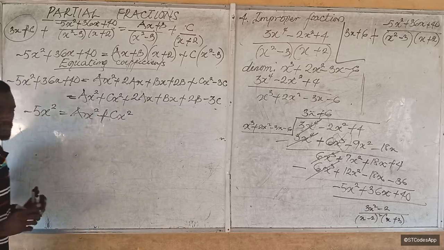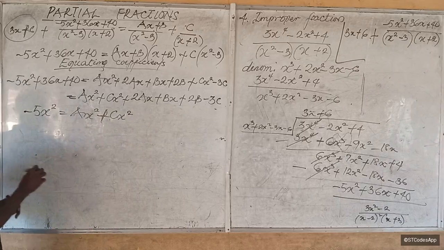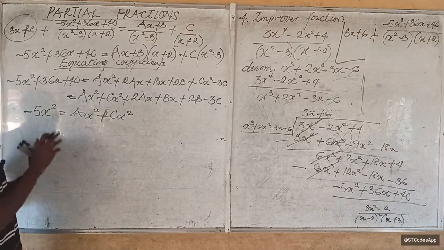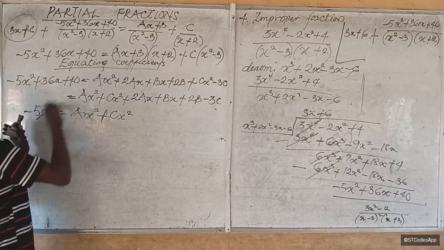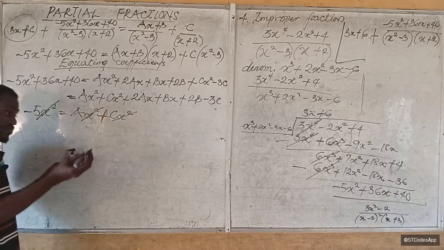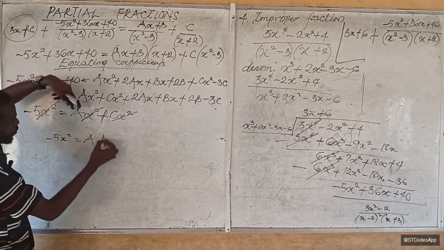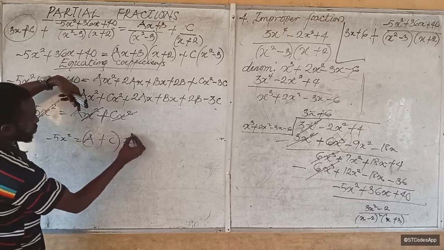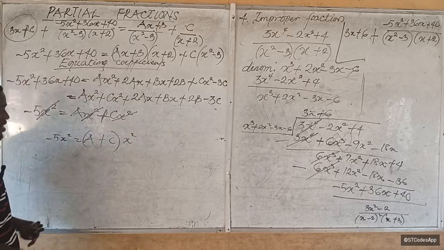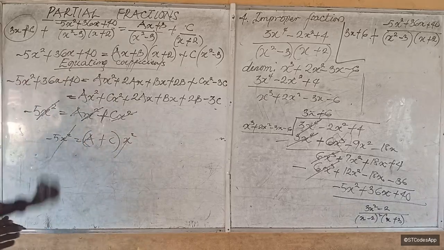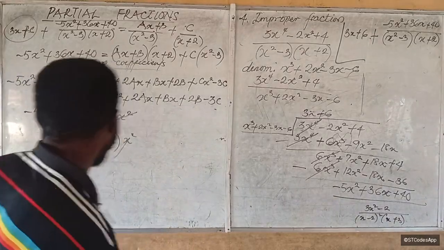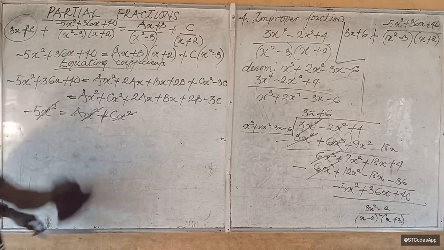I don't know if you understand that. Okay, if that's the case, then I know that minus 5x squared is equal to a plus c times x squared. I factored out x squared, okay? So this will take care of this, all right? So I'll just cancel out everything there, you understand what I mean.